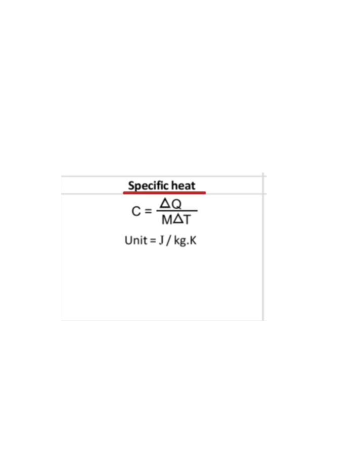Specific heat, symbol C, equals delta Q by mass into delta T. Delta Q is the heat required, change of heat. Delta T is the rise in temperature, change in temperature.